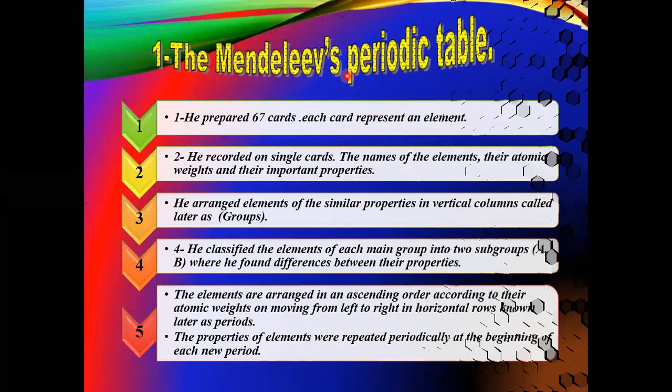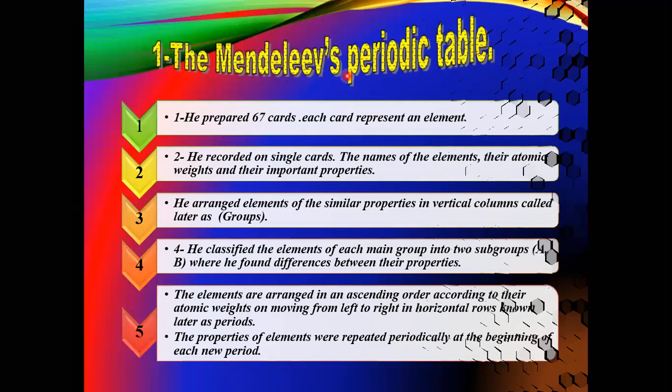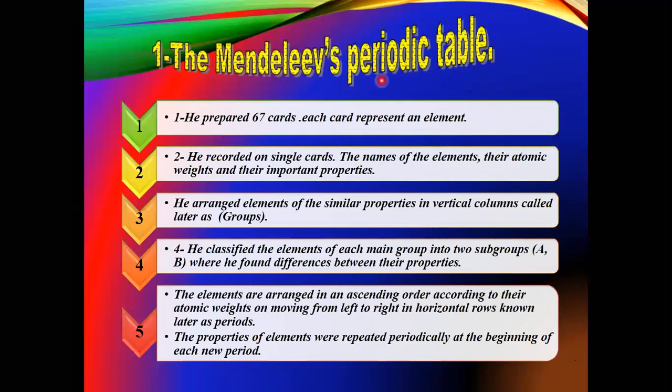It starts with Mendeleev. Mendeleev was the Russian scientist, and he was the one who had the first idea of putting all the elements in a periodic table, or in a table, to make it easier for us to discuss or study.